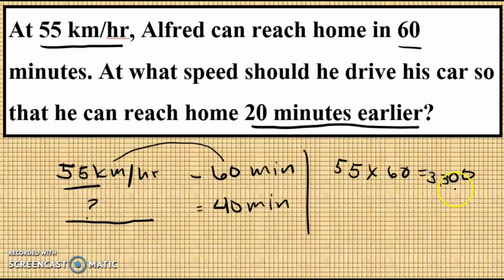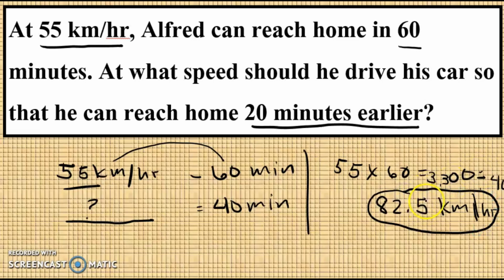So 3,300 and then divided by 40 minutes. So 3,300 divided by 40 is equals to, that is 82.5 kilometers per hour. Okay, ito yung speed na kailangan niya. Okay? So, that is the speed.